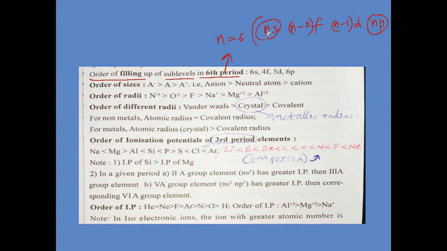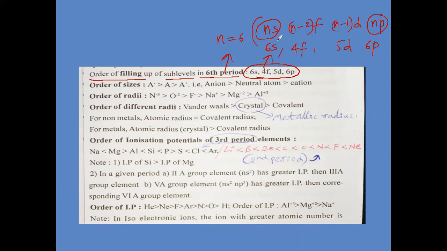So which orbitals must be filled here? 6s, n value is 6. Here n minus 2 means 6 minus 2, how much? 4f. And n minus 1 indicates 6 minus 1, how much? 5, 5d. And np is 6p. So these are the orbitals: 6s, 4f, 5d, 6p.